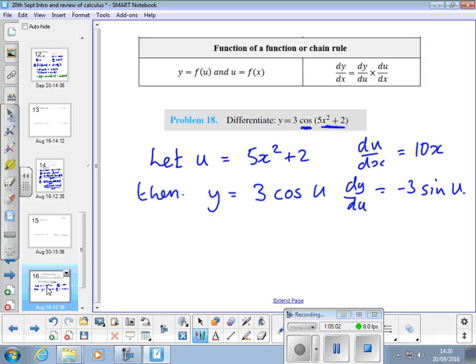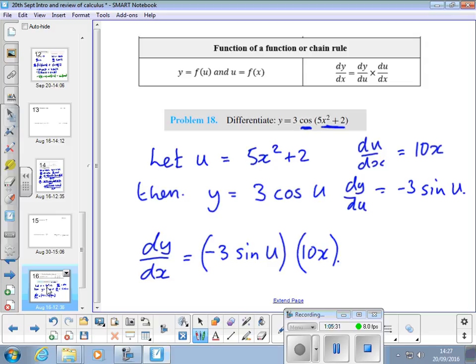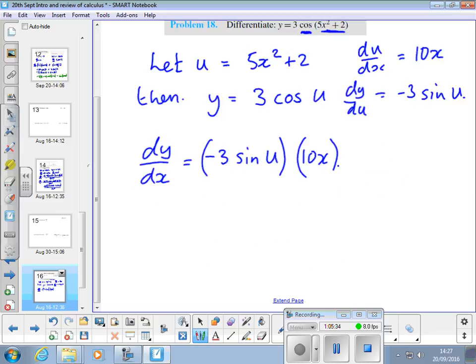And then we just plug the numbers in the formula that's up there. dy by dx is equal to dy by du, minus 3 sine u, times du by dx, 10x. Yeah? So we got minus 3 times 10x is minus 30x sine of u.